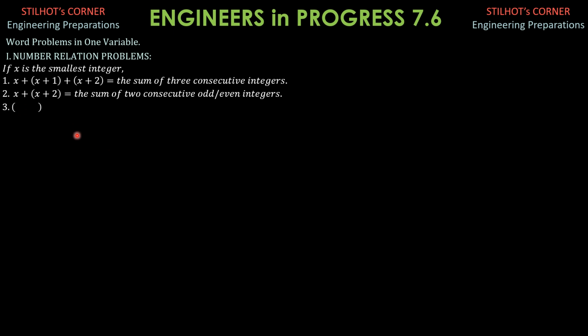Then quantity x plus 2 squared minus x squared would be the difference between two consecutive odd or even integers. So that's the expression representing the difference of the squares of two consecutive odd or even integers.